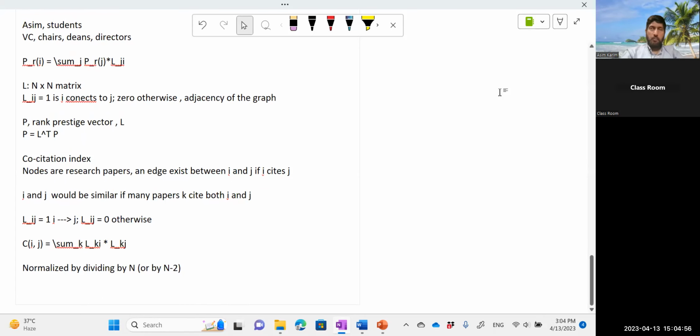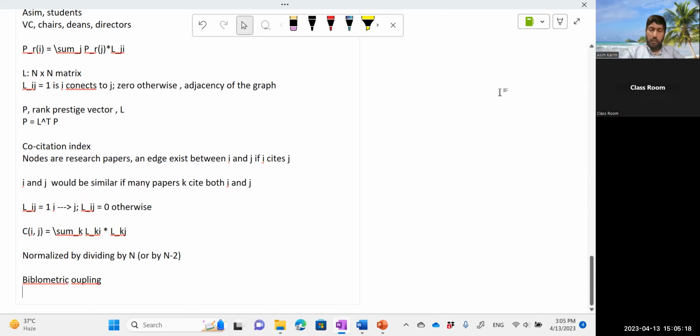And the other measure, which is a complement of this, the mirror of this, this one was called the co-citation index. The other one is called bibliometric coupling. That is actually the reverse of that.